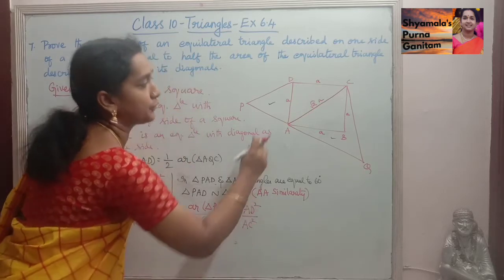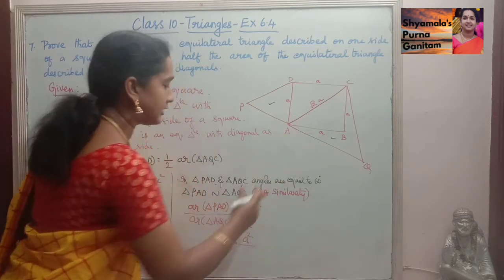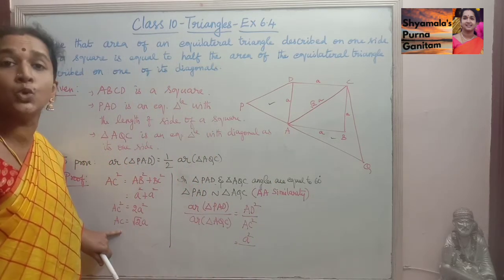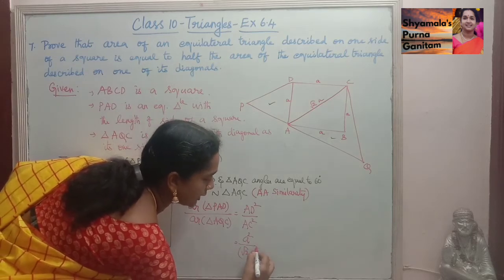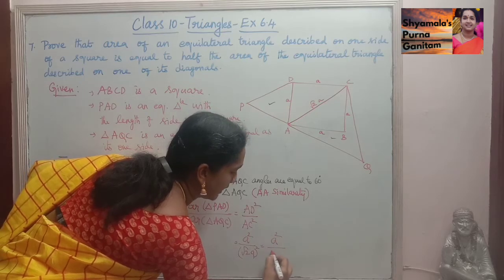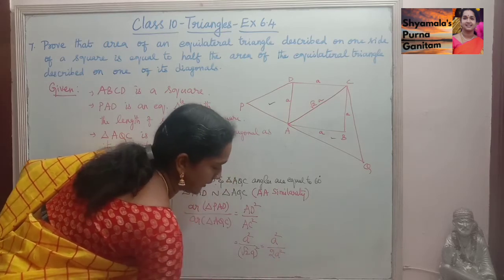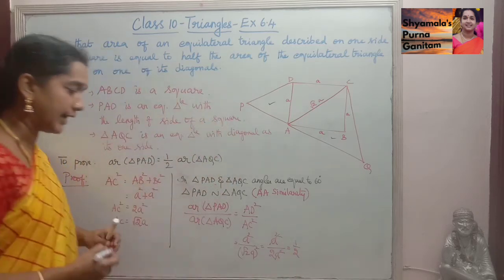The length of AD is A, and the length of AC we got as root 2 A. So AC squared is root 2 A the whole squared. So we get A squared by 2A squared, and when we cancel A squared, we get 1 by 2.